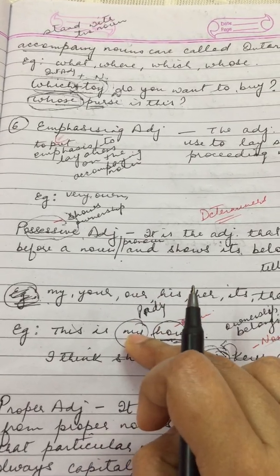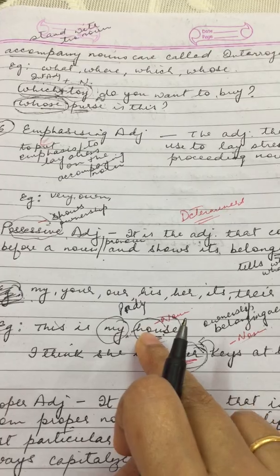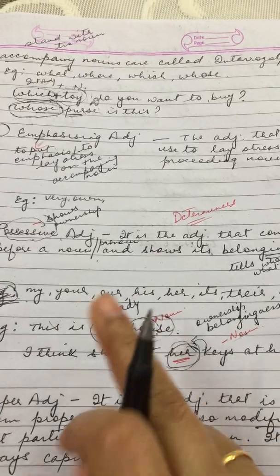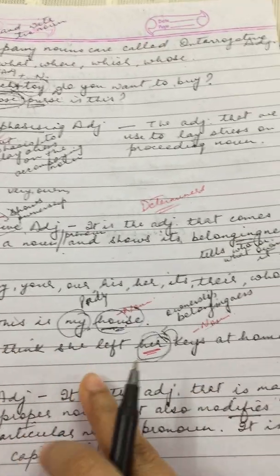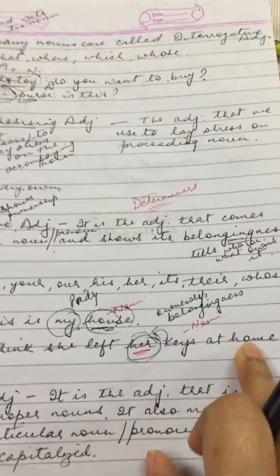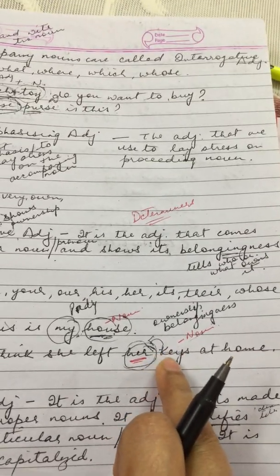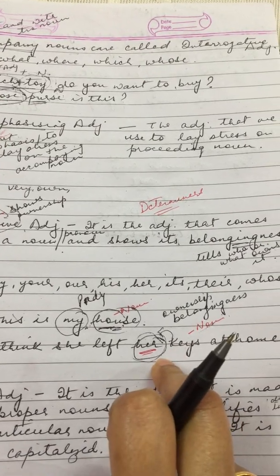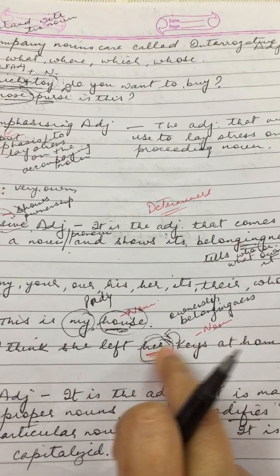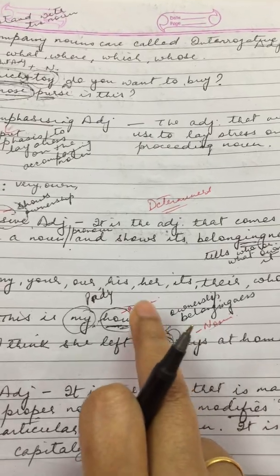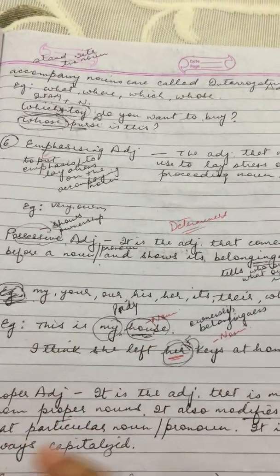Whose house? My house. Okay. I think she left her keys at home. Her keys. Her is written just before the noun keys, and it shows that this key belongs to her and this house belongs to me.